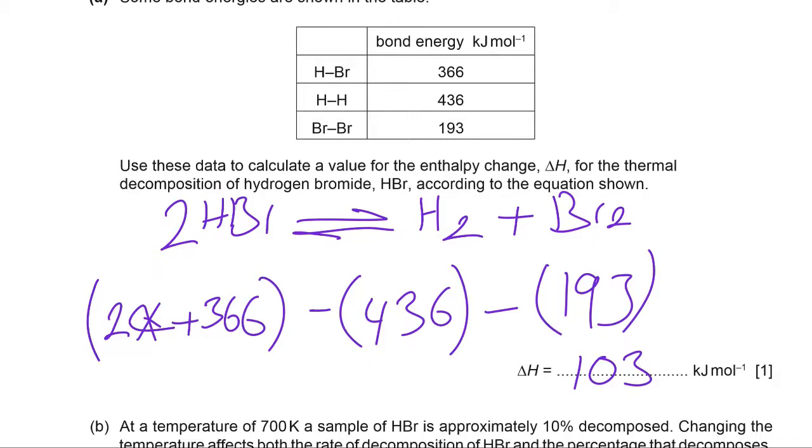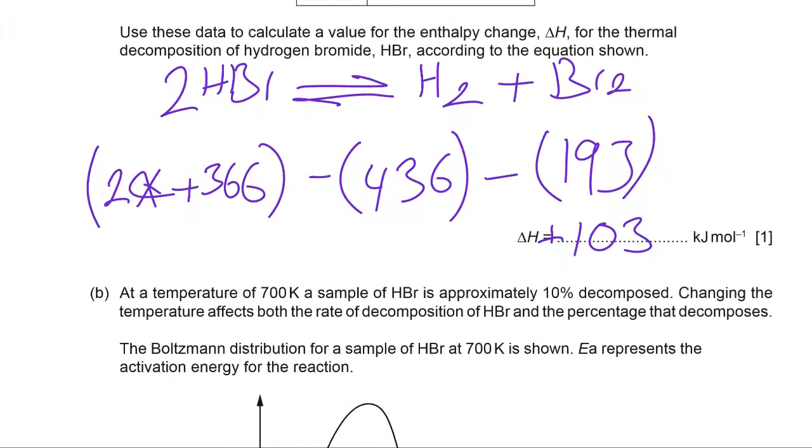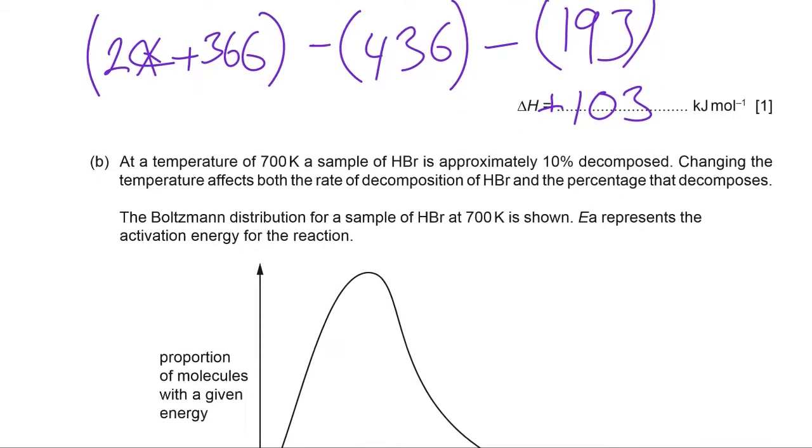Just let me check it, please, because I haven't calculated. It is 2 times 366 minus 436 minus 193. So it's positive. So the reaction is an endothermic reaction, because it's very clear it's a decomposition.